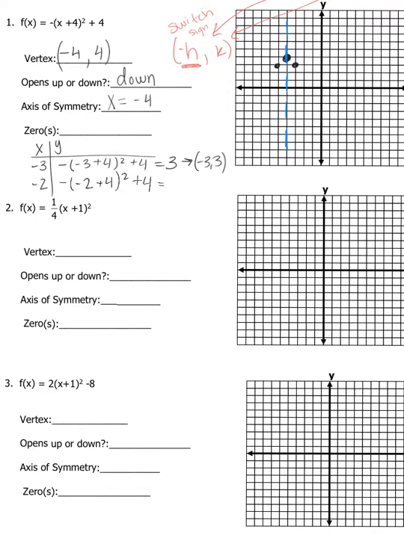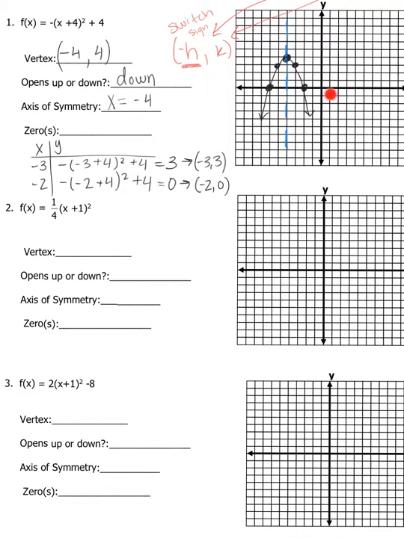I plug that into my calculator, and I get 0. Which means that when I plugged in -2, I got 0, so my point is -2, 0. That means I'm right here on my graph. A mirroring point, or using the axis of symmetry, shows me I get another point over there. Now I have 5 dots on my graph, so I am allowed to go ahead and connect these dots with arrows at the end to form a really nice looking parabola.